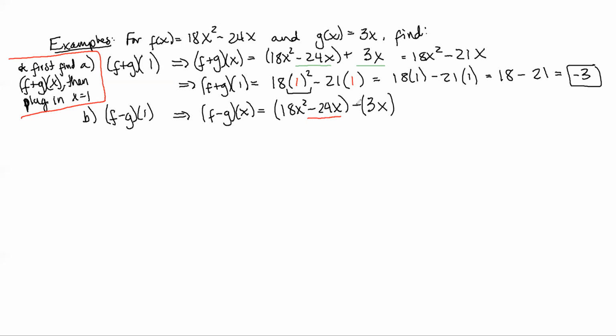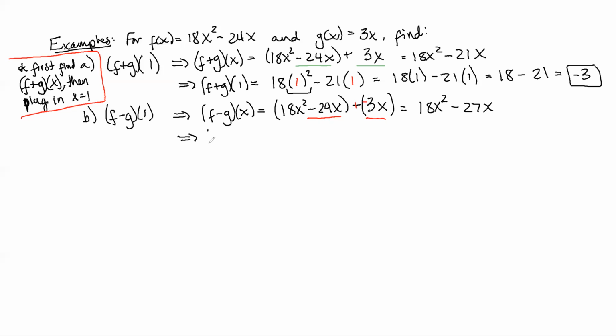And if you want to change this to adding the opposite, we have a plus -3x, you can do that. But again, it's a single term, so it doesn't matter as much. Let's keep the 18x squared in the front, and then -24x plus a -3x is -27x.